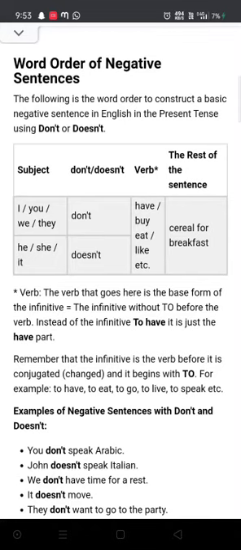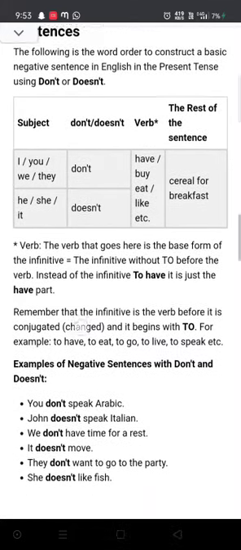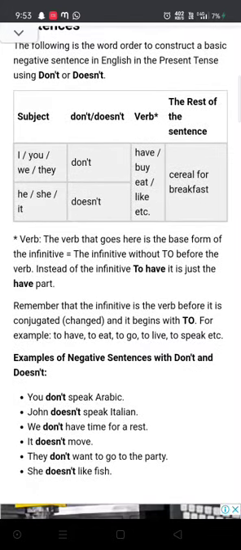Now one example in the third person is he. Let the sentence be he buys cereal for breakfast in the present tense, and then you can write the negation of the sentence like he doesn't buy cereal for breakfast.